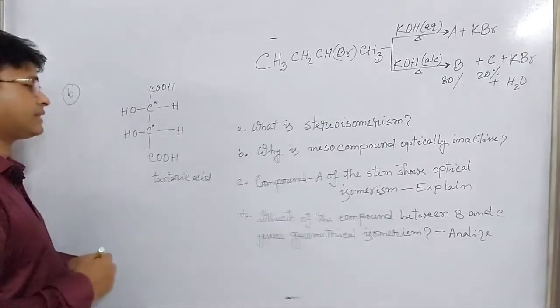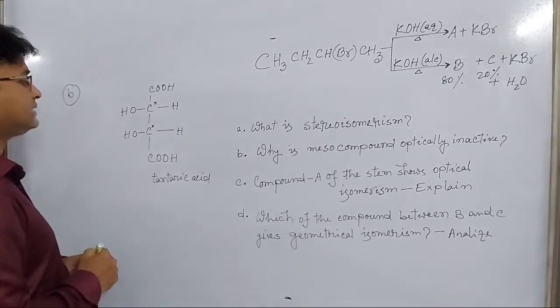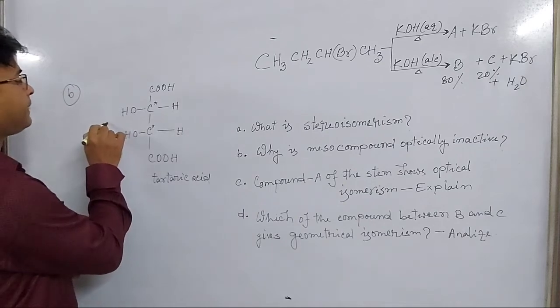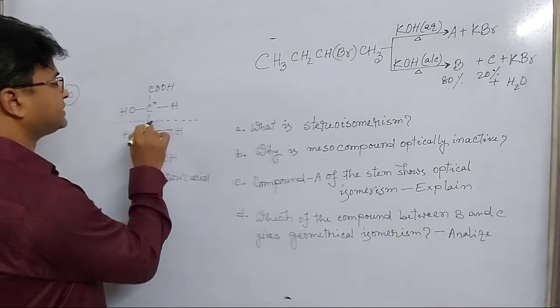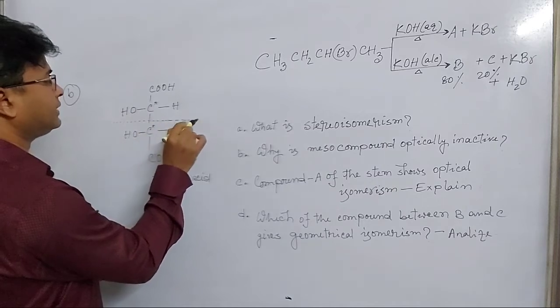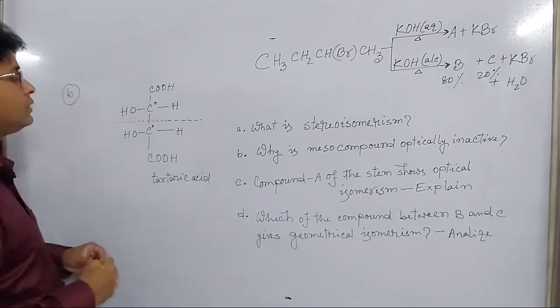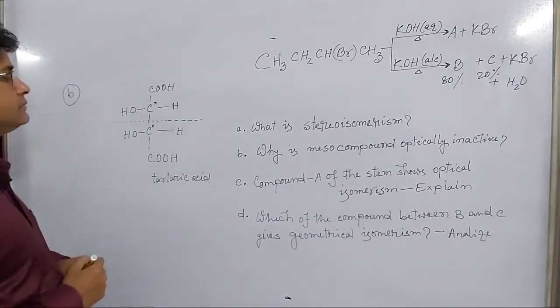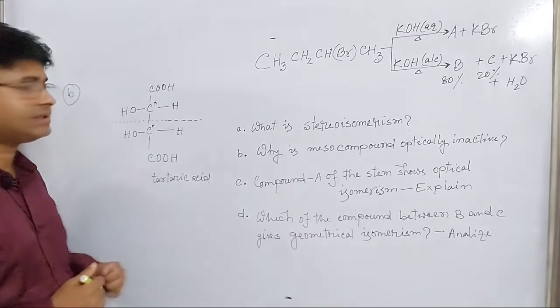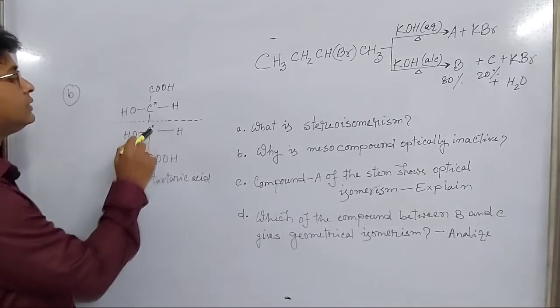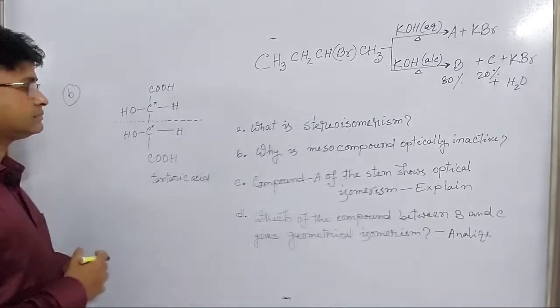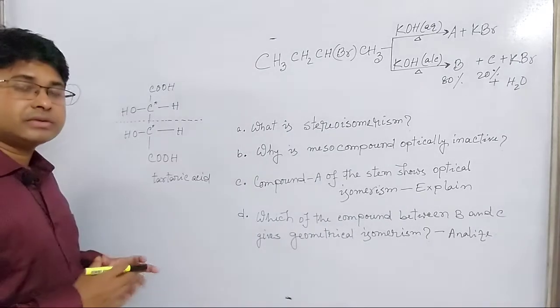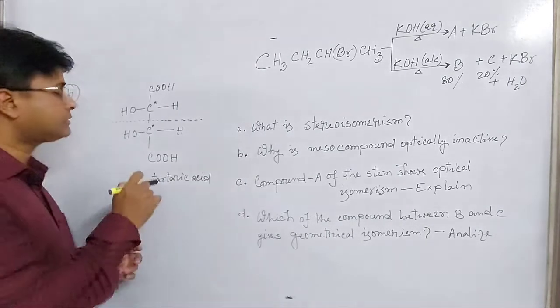There are 2 chiral carbon atoms, and if I imagine a plane of symmetry, I will get 2 identical parts. I can say here there are 2 identical asymmetric centers. There are 2 chiral carbon atoms.